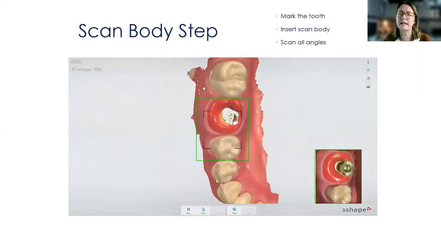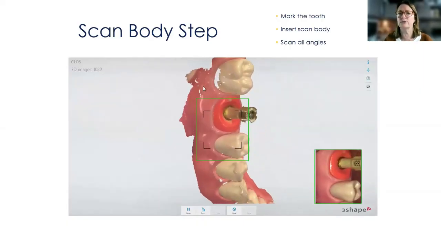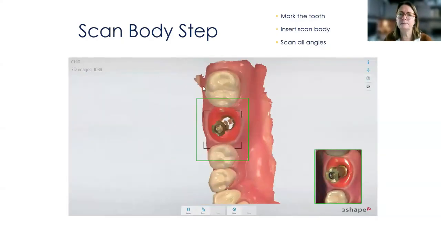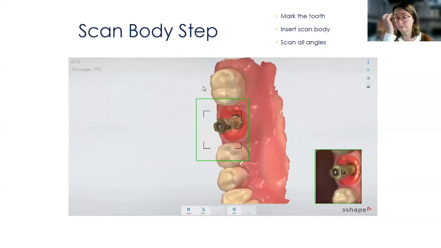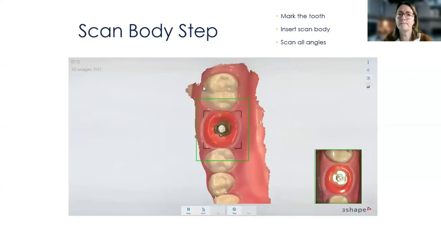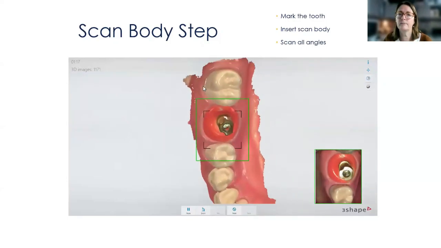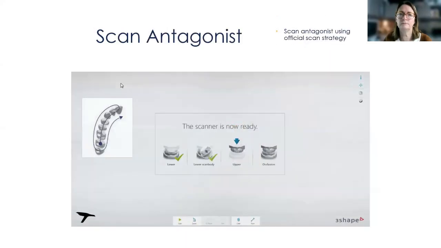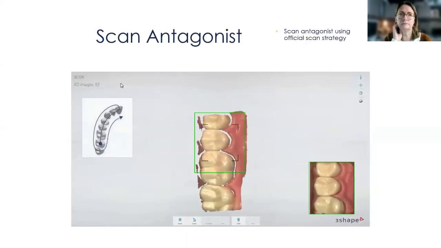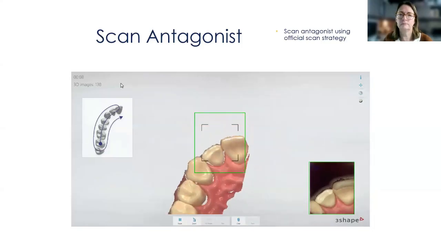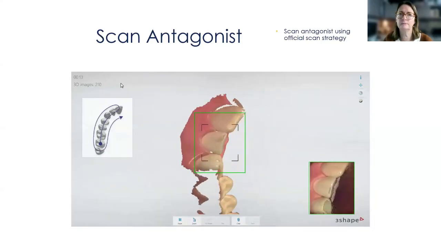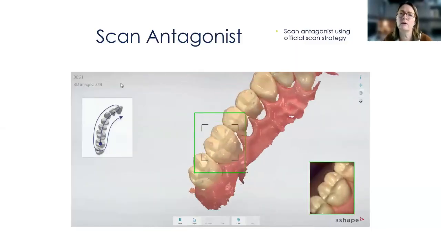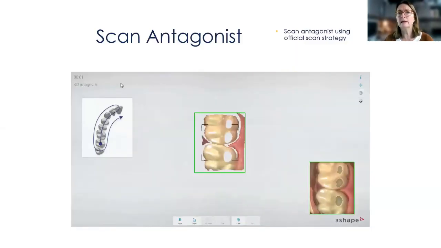This is scanning the actual scan body, always starting on that occlusal surface and then rotating buccally. Super. And then scanning that opposing. And notice, for demonstration purposes here, this was all done with quadrants.